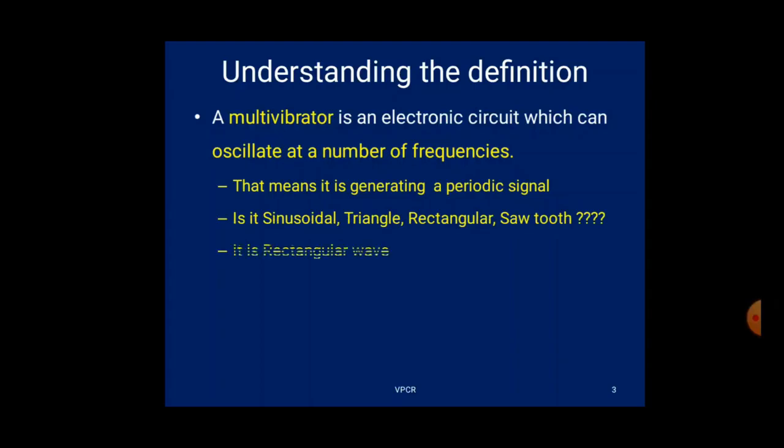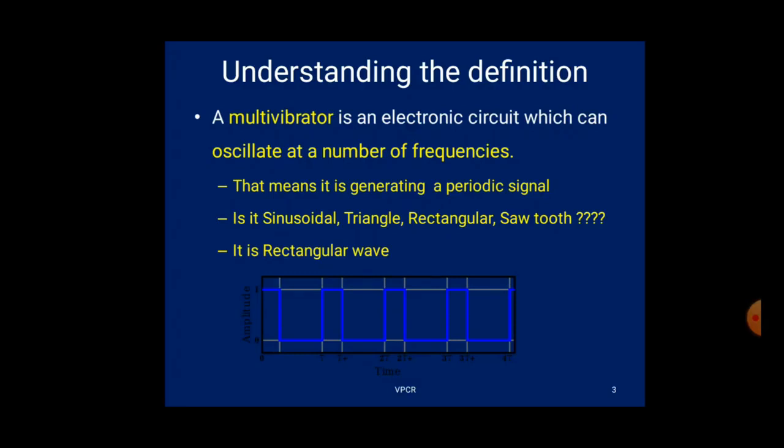The answer is it is a rectangular wave. The output of multivibrator is a rectangular wave. So don't be confused. As of now we are considering theory only. While we progress through the lectures, you will come to know why it is rectangular. Now when I say it is rectangular, this is the form of the output.